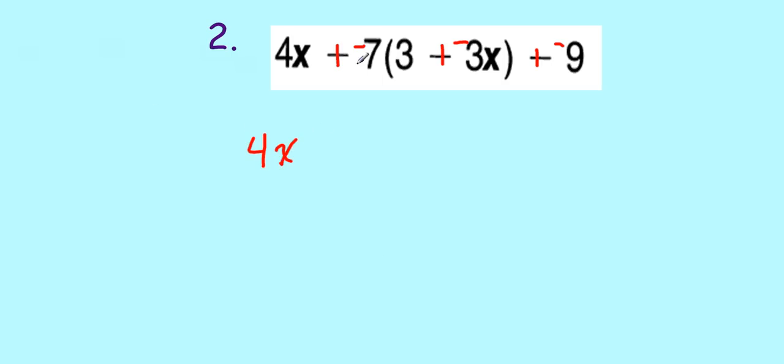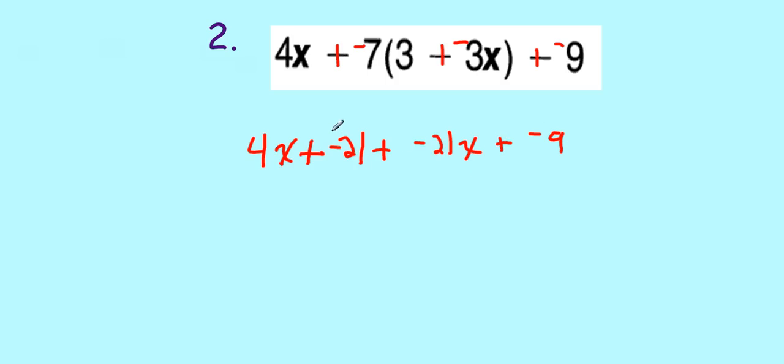So 4x. Now we have to distribute. Negative 7 times 3 is plus negative 21. And then we're going to add it to negative 7 times negative 3x is negative 21x. And then plus negative 9.